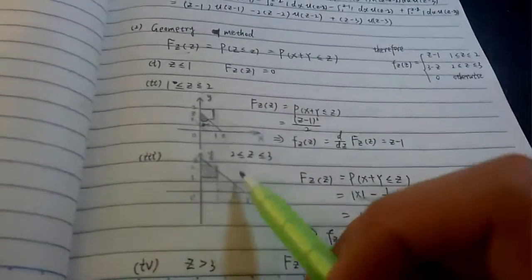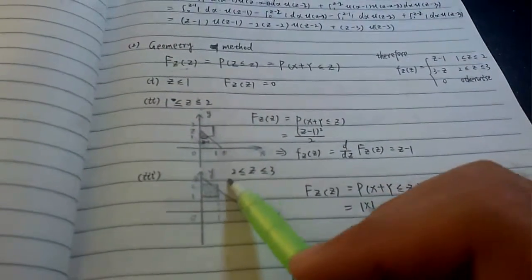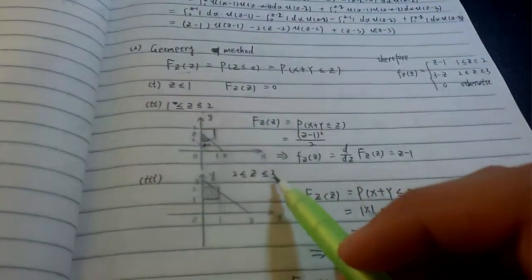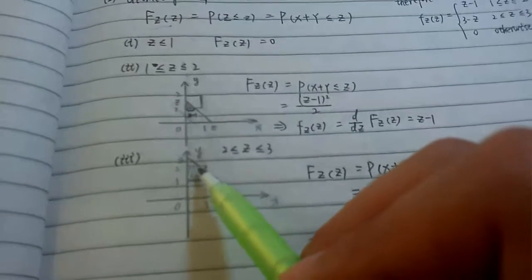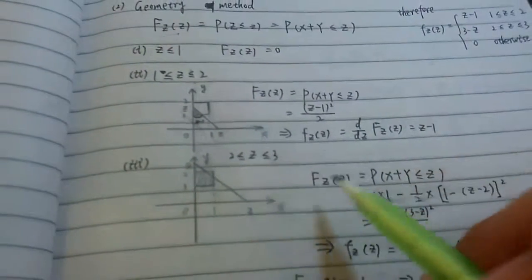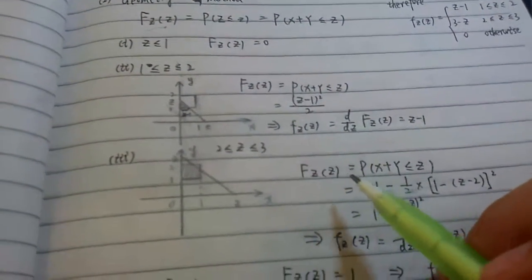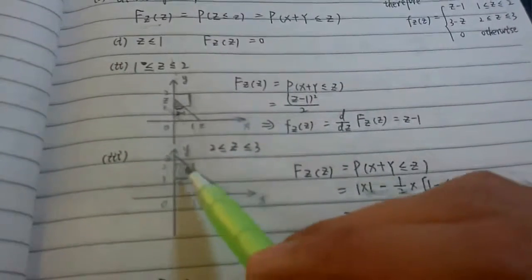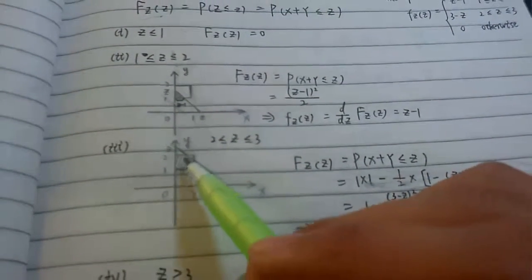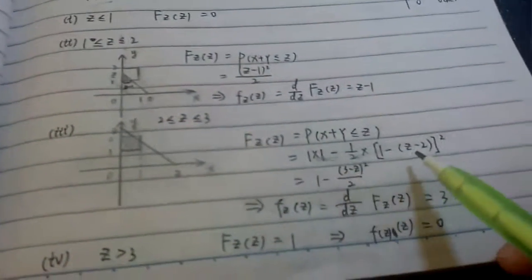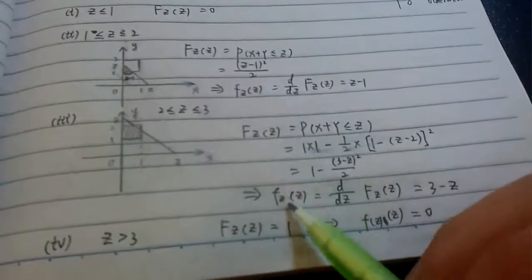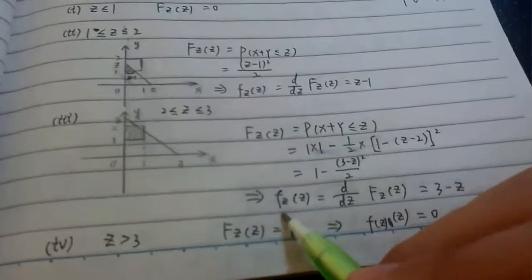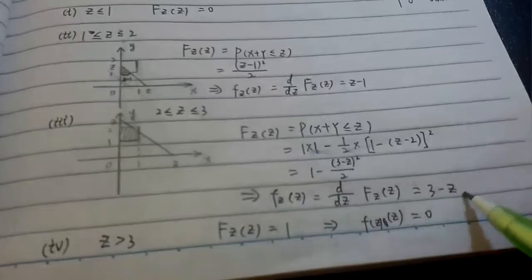The second part is when z belongs to 2 to 3. We can see from the image that this area is equal to the distribution function, and we can just calculate this area. It is equal to this part, and we can get f_Z(z) is equal to 3 minus z.